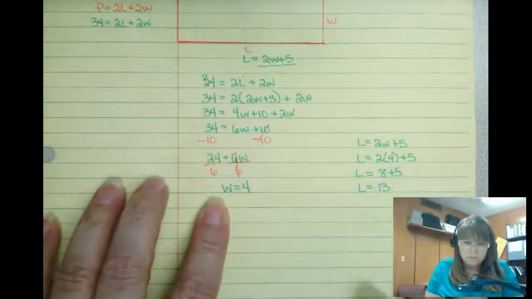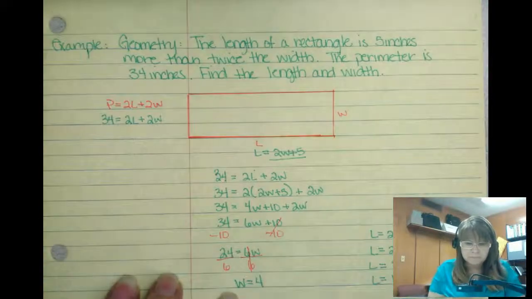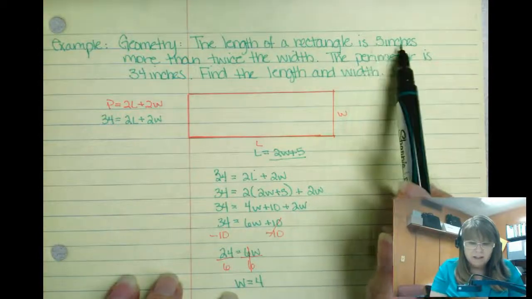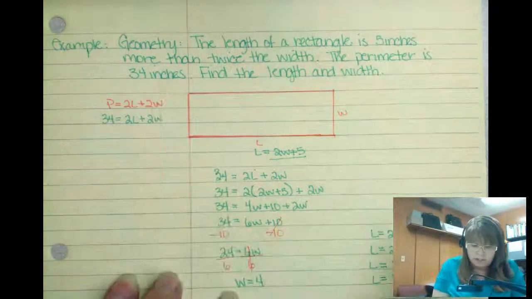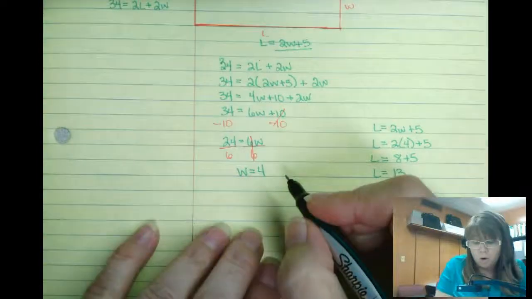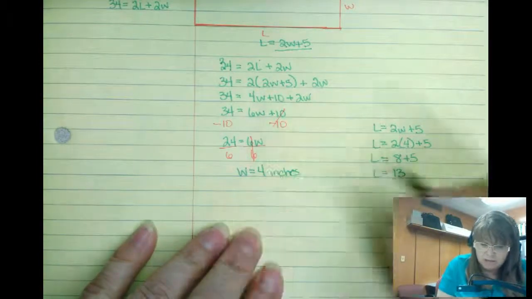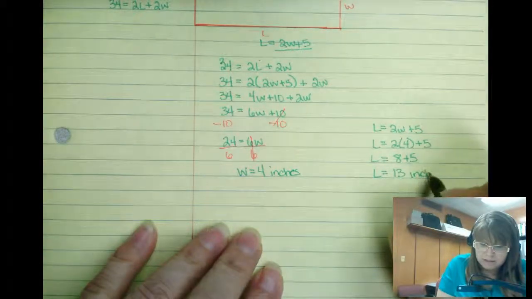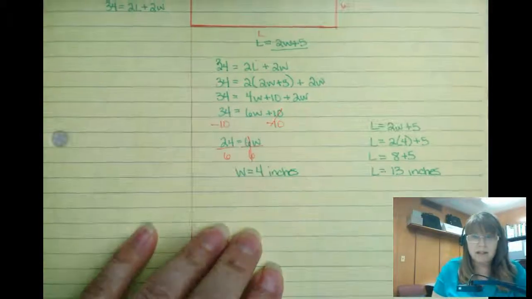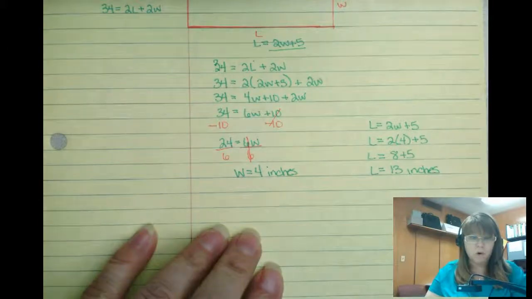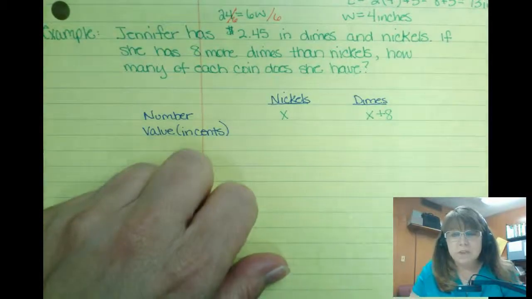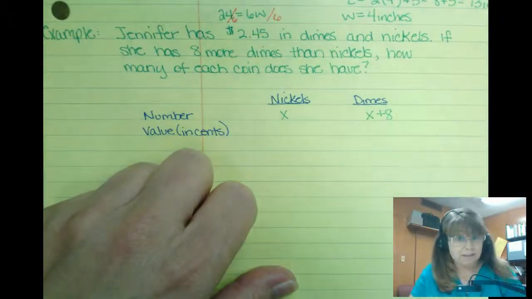But did I solve the problem yet? The 5 inches and the perimeter of 34 inches mean my final answer should have the unit of inches. And then you would want to go back and check your problem, just to verify that 13 and 4 are correct.